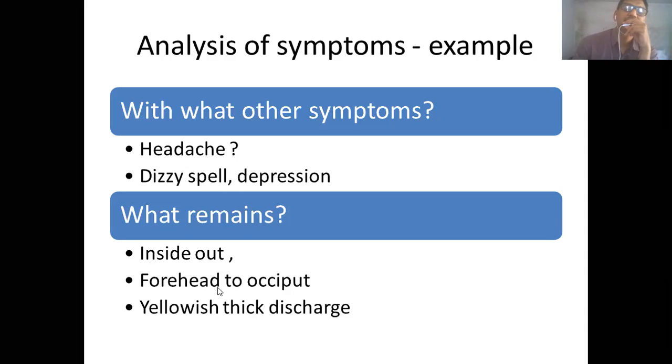Now, where should we write these three things: under location, sensation, modality, or accompaniment? Just give me your opinion. Priyanka, Vaibhavi, Pratiksha. Sir, we will write all three symptoms under particulars. Yes, correct.